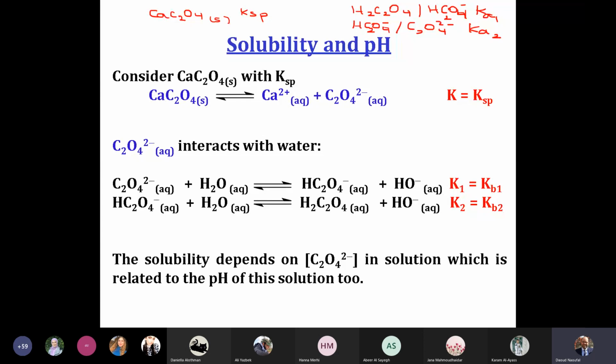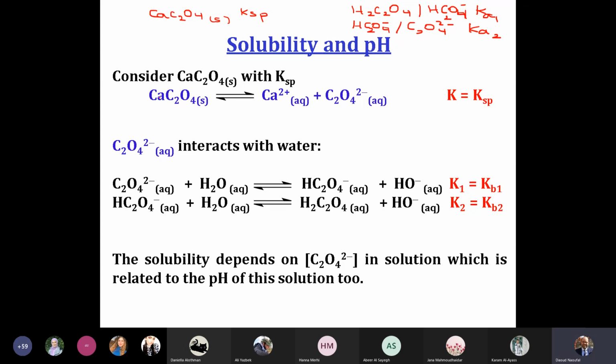The question now, does the pH of the solution affect the solubility of CaC2O4? First of all, I will ask the question, what would happen when CaC2O4 is put in solution? First, CaC2O4 is a weak electrolyte since we have a value of KSP.